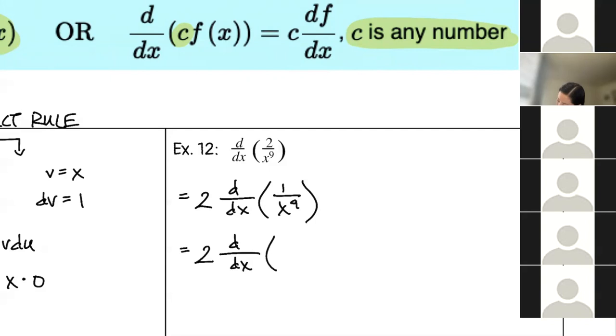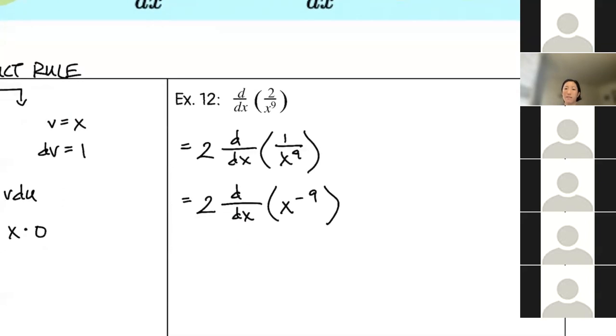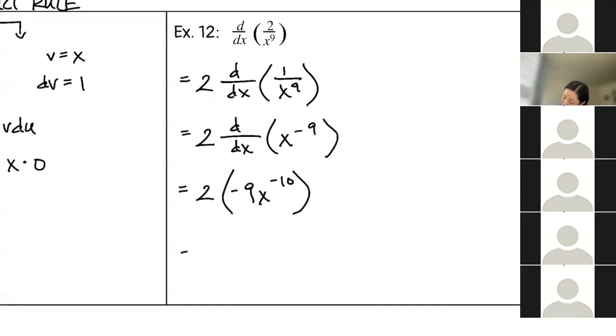Perfect, so that I can see the actual power. 1 over x to the 9th is the same as x to the negative 9th. All right, let's use our power rule now. Negative 9, x to the negative 9 minus 1 will give us negative 10. And then this will give us negative 18 over x to the 10th.